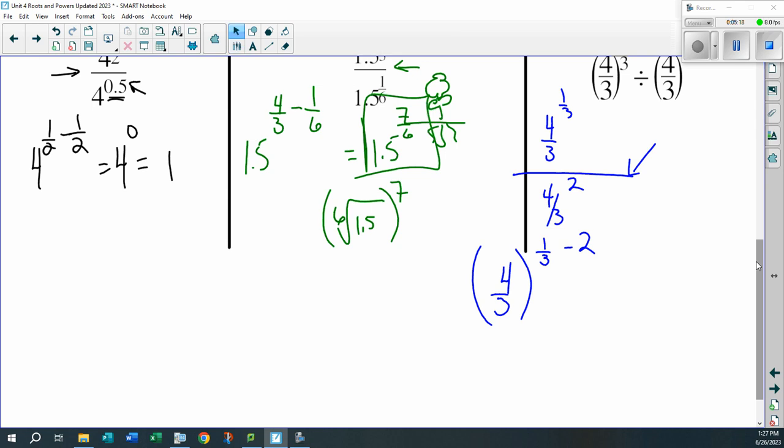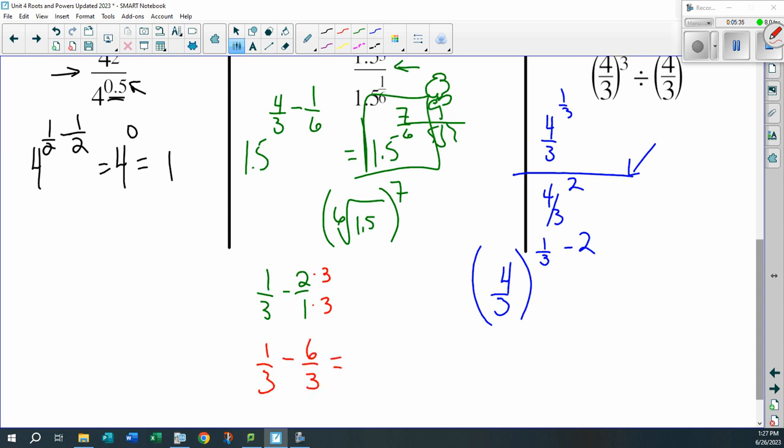Now, again, 1/3 minus 2 has to be converted into a common denominator. Times it by 3, times it by 3. So this is now 1/3 subtract 6/3, which ends up being minus 5/3. Let's put it back.